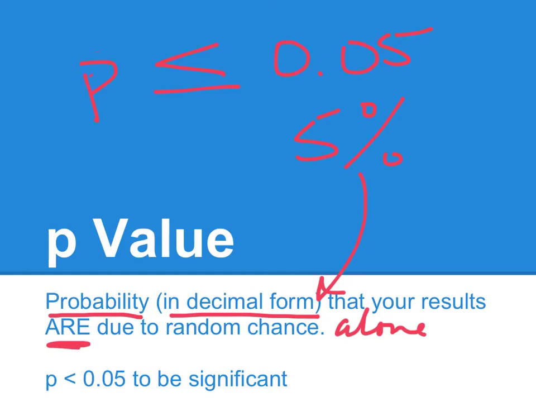Anything greater than 5%, or any confidence less than 95%, is not good enough in the scientific world. Scientists have decided that 95% confidence is good enough to make a confident conclusion.